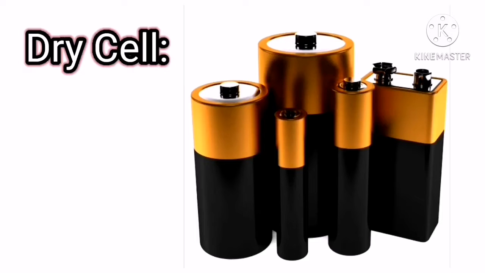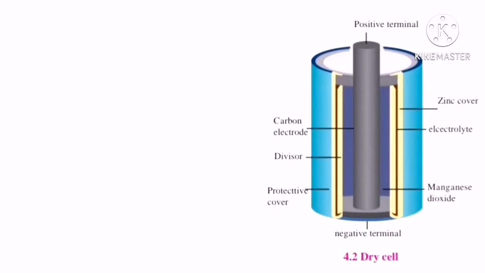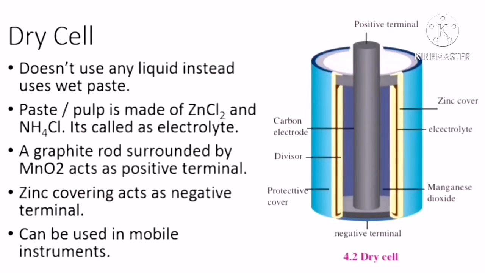Now students, let's see the construction of dry cell. Here are some points which are based on dry cells. Look at this one, dry cell. Dry cell does not use any liquid.